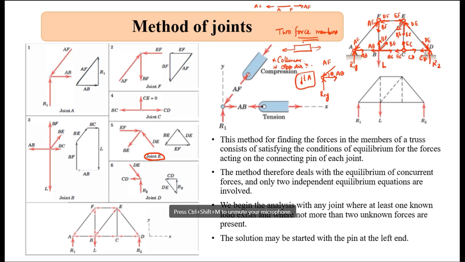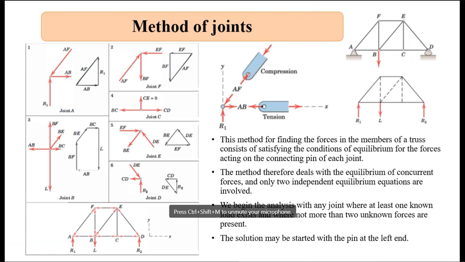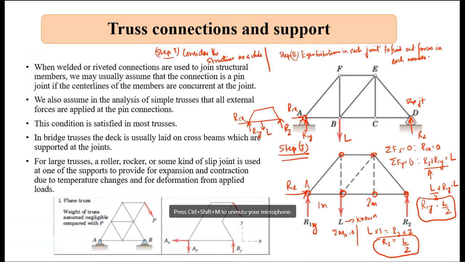Yes, sir. So it should be equal and opposite. Say F and F like this for this two force member to be in equilibrium. Clear? Yes, sir. Right. So this is how we should be solving.